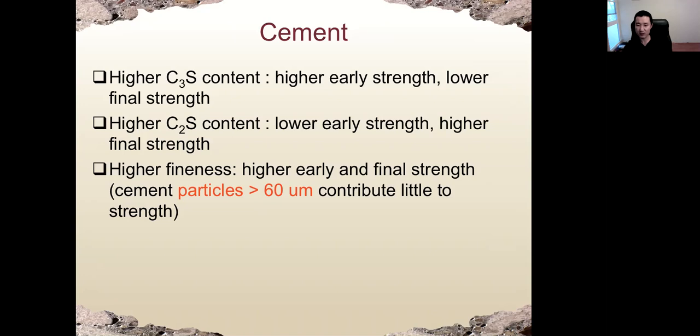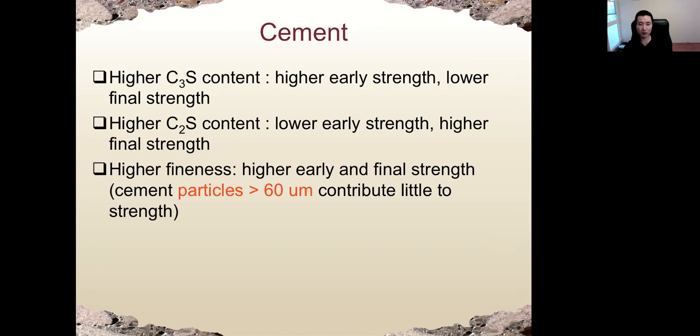For the later final strength, because we reduce particle size, it is easier for the inner core of cement particles to be dissolved in water. Remember the three words: dissolve, diffuse, and precipitate. When the particle size is too large, larger than 60 micrometers, the inner core of cement cannot be dissolved by water because it is very hard for the water to penetrate deep inside and dissolve more ions into the water solution so that hydration goes on.